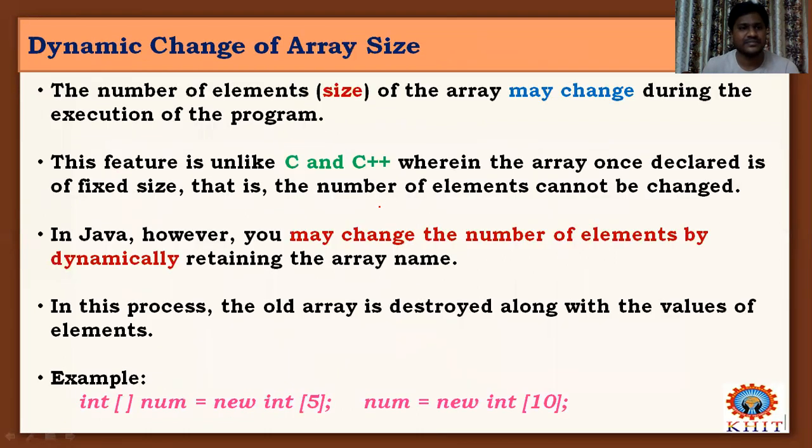Understood? Coming to the next one, dynamic change of array size, as it is possible in Java. The number of elements, nothing but the size of an array, may change during the execution of the program, and this process is called dynamic change of array size.